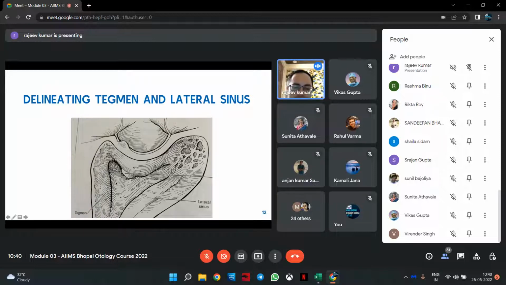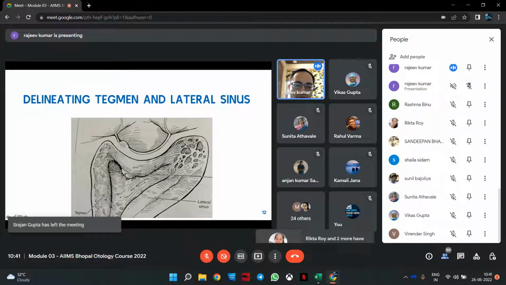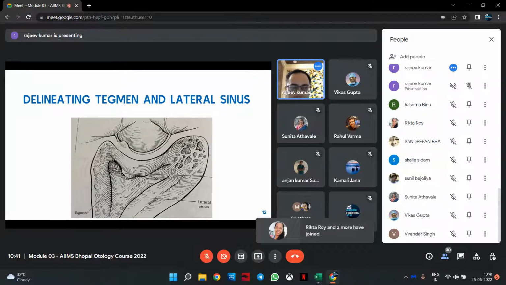It is an enchondral bone, which is ivory white, thick bone, and compared to the surrounding bone, it will look very different. So it's very easy to identify, but if there is inflamed mucosa or a sclerotic mastoid, or granulation, it may be difficult. So you have to keep patience and just remove that tissue over that area to identify this lateral canal bulge.